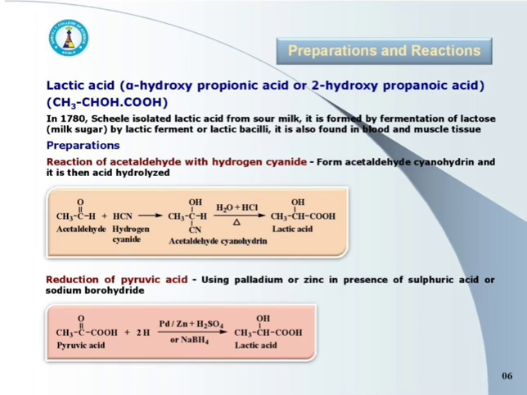Here pyruvic acid, that is CH3COCOOH, gets reduced. Carbonyl group gets converted to alcoholic group, that is CHOH. Reduction of pyruvic acid into lactic acid can also be carried out by using sodium borohydride, that is NaBH4, instead of using palladium or zinc metal with acid.